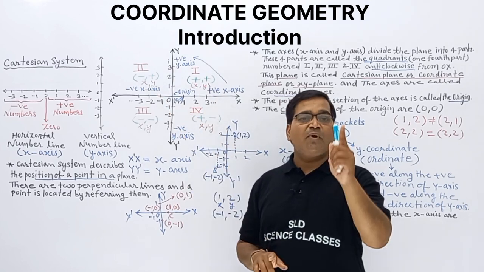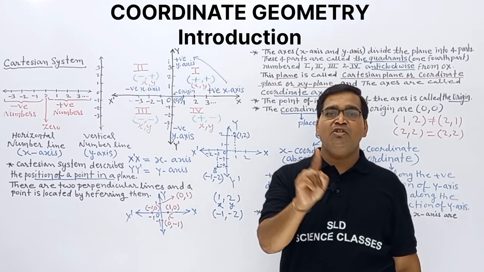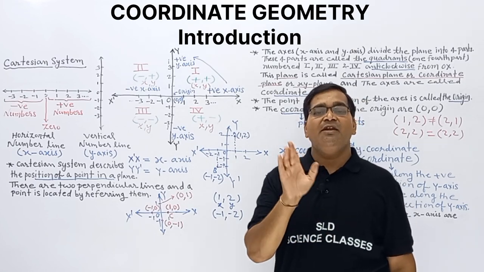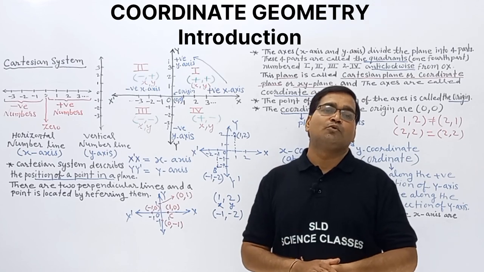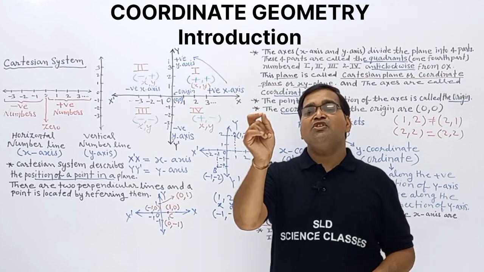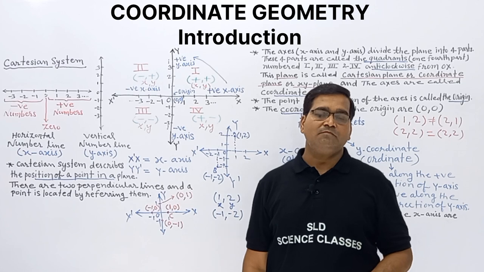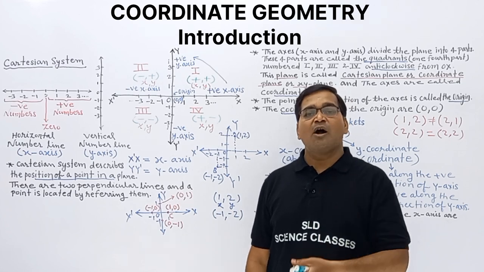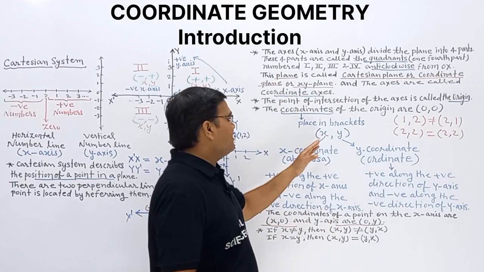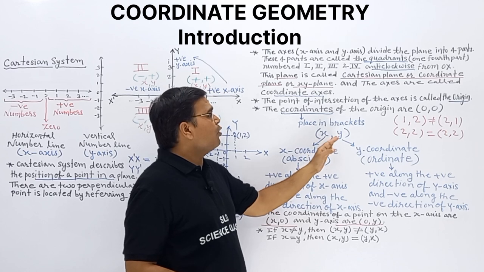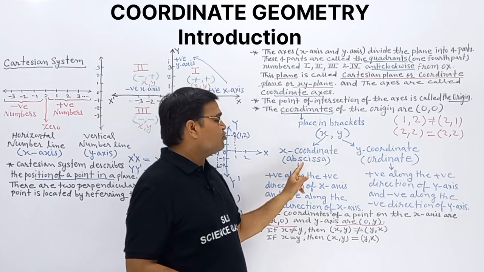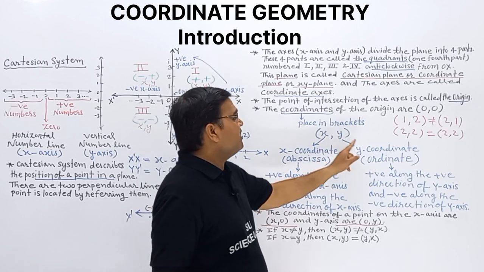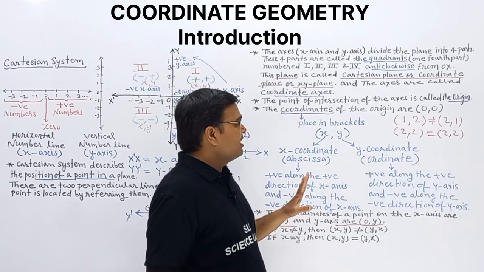The XY plane, and the XY plane is also called what? The Cartesian plane and coordinate plane. And in this plane we want to show the position of a point, and how will we show the position of a point? (x, y). This is what? Coordinates. X coordinate is called abscissa and y coordinate is called ordinate.